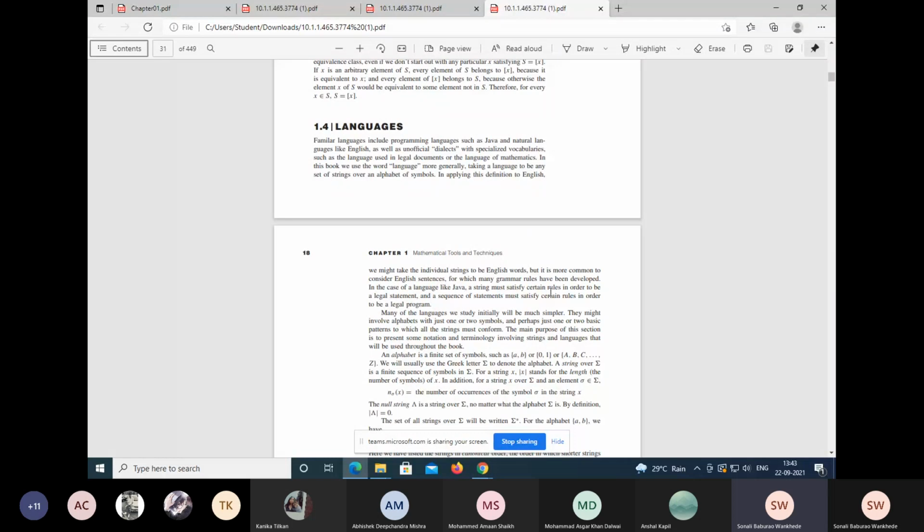Now, when we talk about mathematical calculus and algebraic expressions, all of those come under a language, the language of mathematics. Similarly, for our FLAT, we are using the formal language concept.